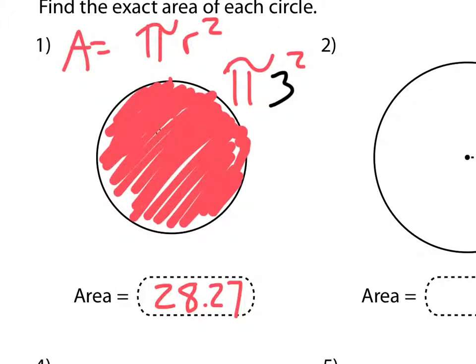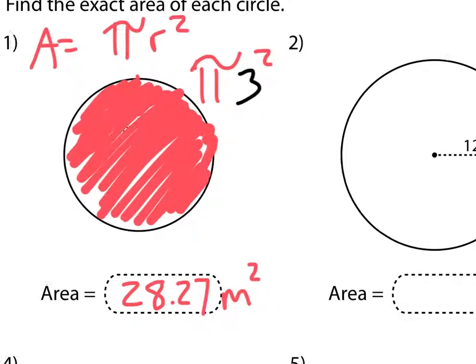Now we can't forget one extra point. If this is area, we always need to make sure that we put the units of measurement. In this case, it's going to be meters squared. This indicates right here that this is on a two-dimensional plane.